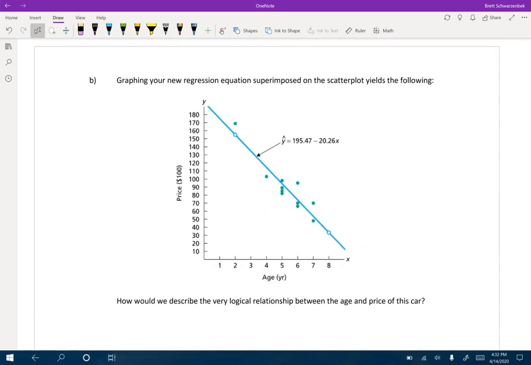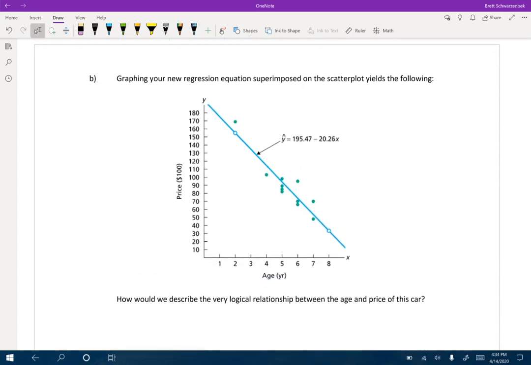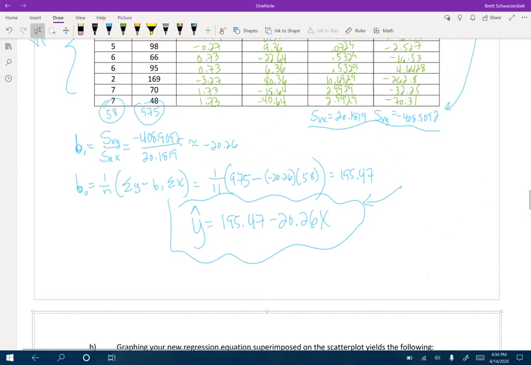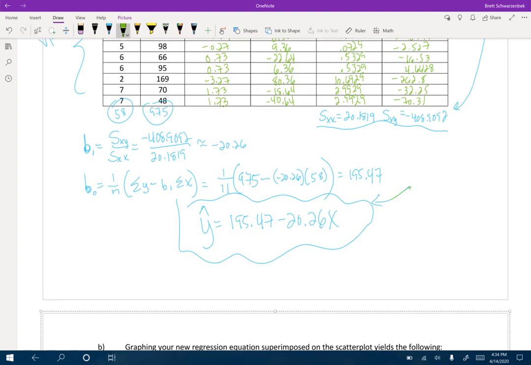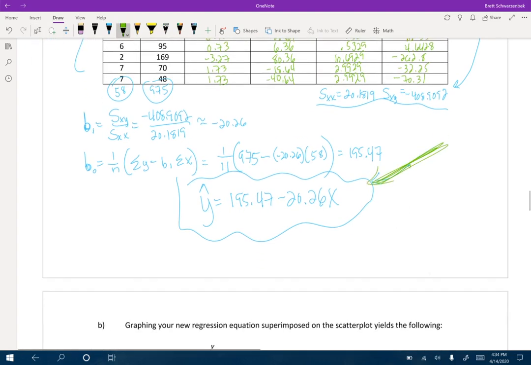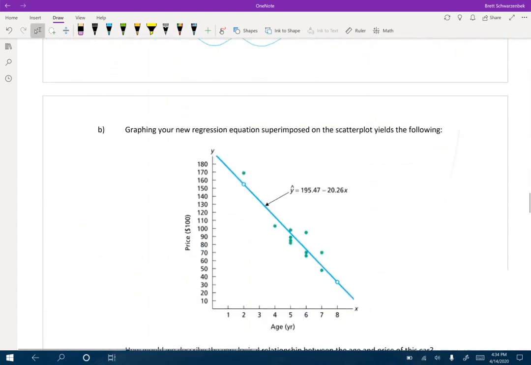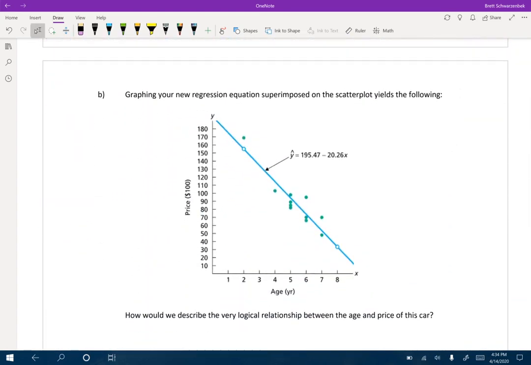Okay, so let's answer a few more questions when it comes to this regression equation. So what I did was I took this equation here and I plotted it on the original scatter plot here. So you can get a view of what the regression equation looks like superimposed on the scatter plot. It looks pretty realistic.